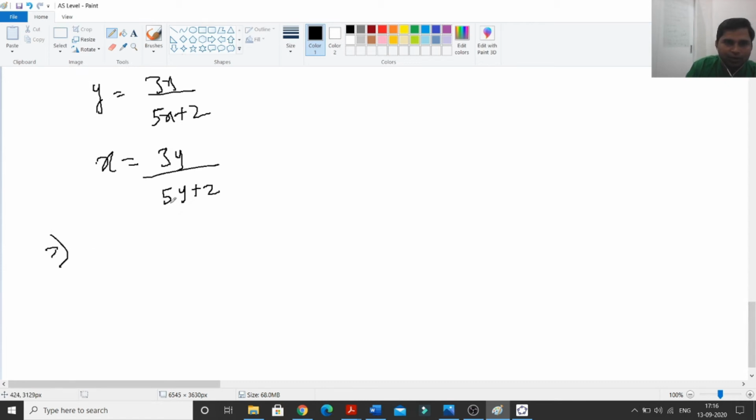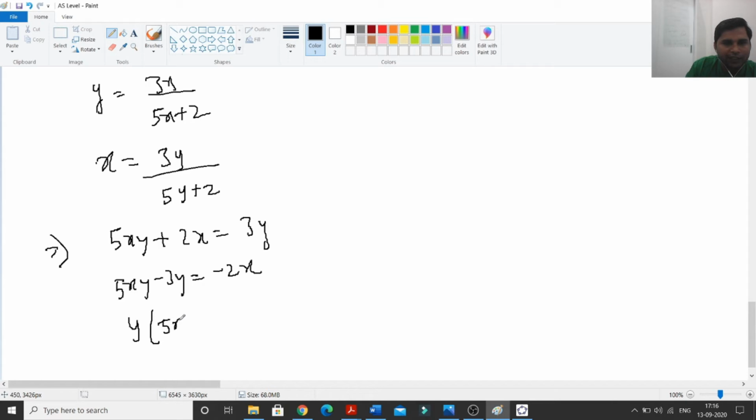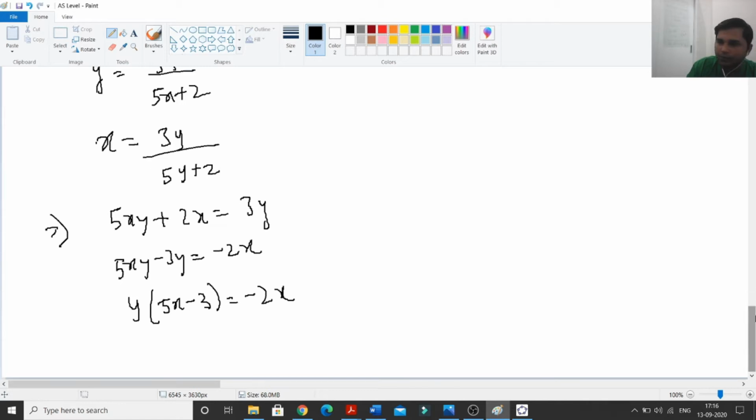Now we'll make y the subject. So just cross multiply. So you'll get 5xy plus 2x is equal to 3y. Then that will become 5xy minus 3y is equal to minus 2x. Taking y common, we get y times (5x minus 3) equals minus 2x. And then y is equal to minus 2x divided by 5x minus 3, which is the same as 2x divided by 3 minus 5x.